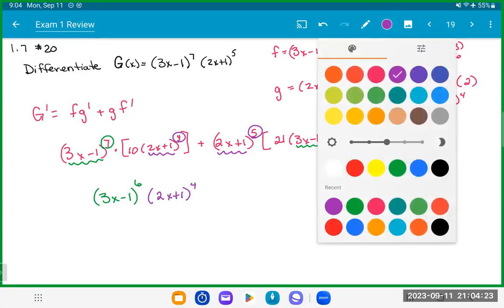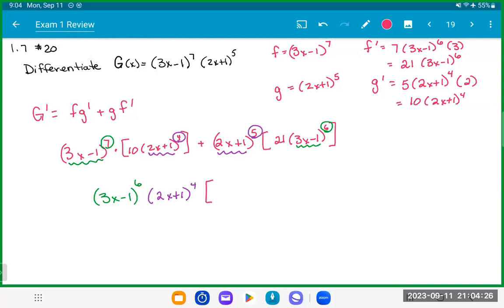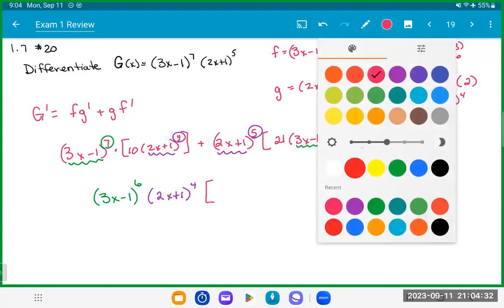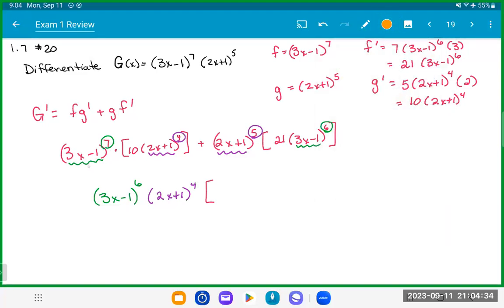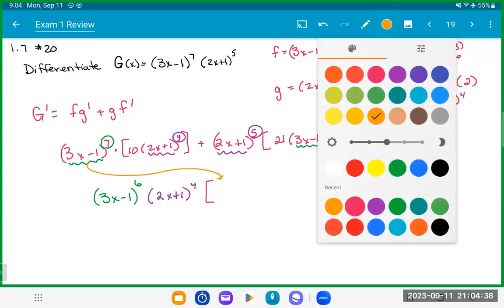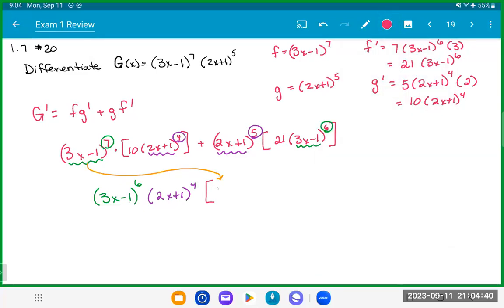And now we're on to what we have left. When I factor that out of the first term, we factored out 6 of those, so we're bringing back just one of them on the inside. But we're also bringing on the inside this 10.